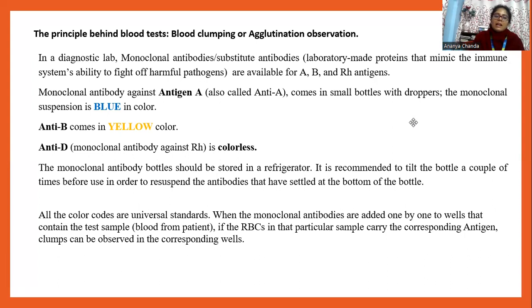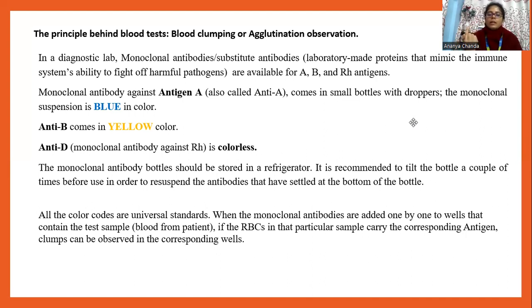So what is needed for testing the blood group in the lab? We need monoclonal antibodies, which can mimic our immune system's ability to fight pathogens, right? The monoclonal antibodies in the lab are available in three types: A, B, and Rh.